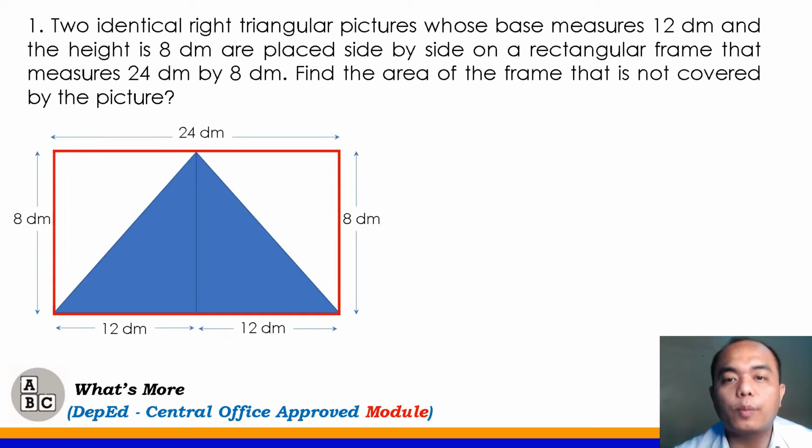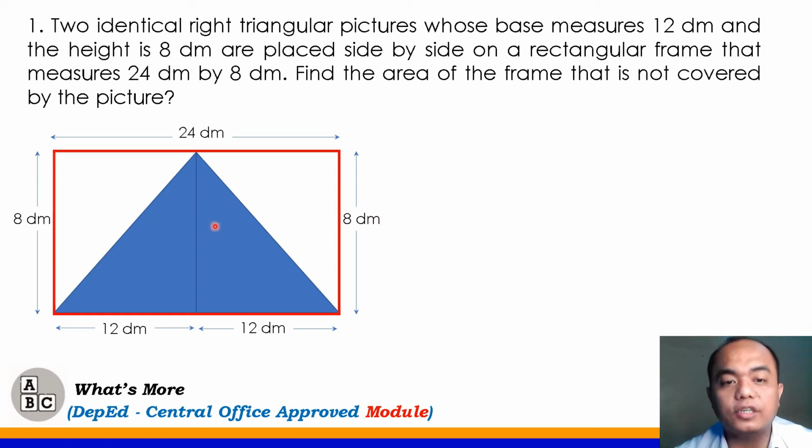So, what is asked in our problem, class, is to get the area of the rectangle or the frame that is not covered by the picture. This means the unshaded part of our rectangle is the area we will solve.